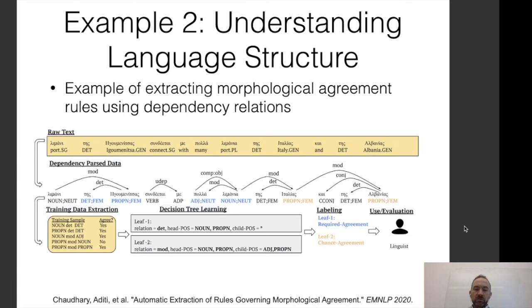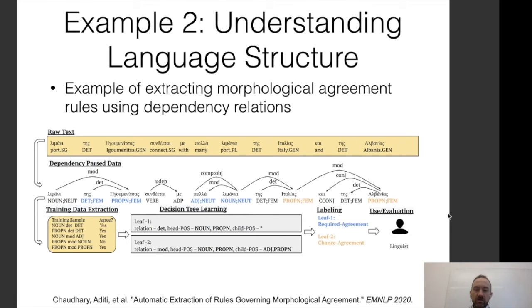These rules basically say whether two words need to agree on a particular morphological feature based on the fact that they are in a particular dependency relation. To give an example from English, we know that subjects and verbs need to agree with respect to number. So: I am, you are, it is, for example.